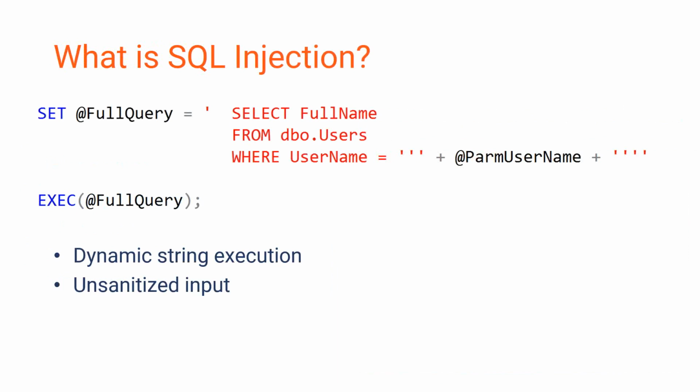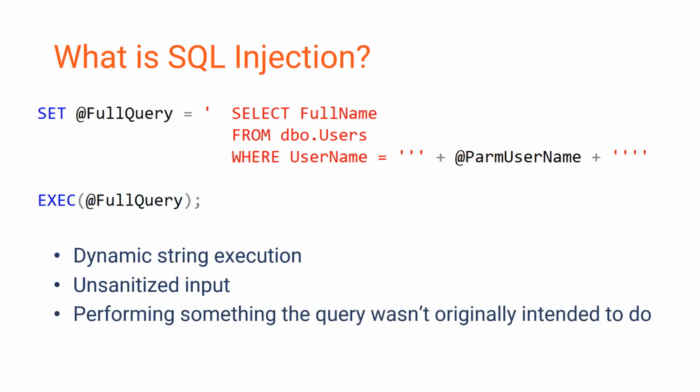Either the validation wasn't performed on it or it failed. And so a user is able to type in and submit input parameters that we are not expecting, and those unexpected input values are causing our query to do something that we did not originally want it to do. So that's what a SQL injection attack is.